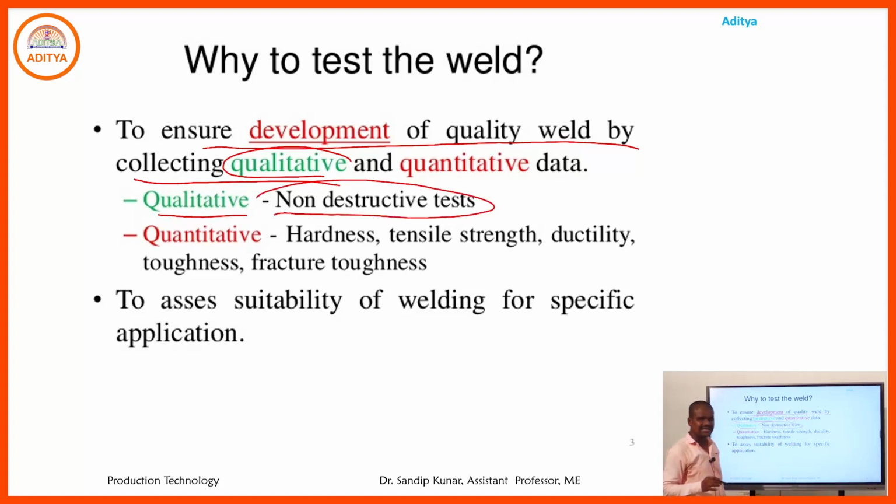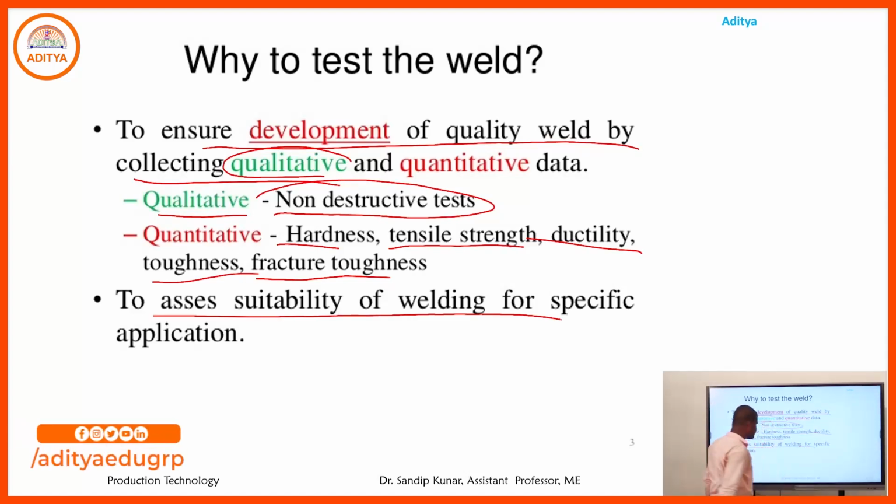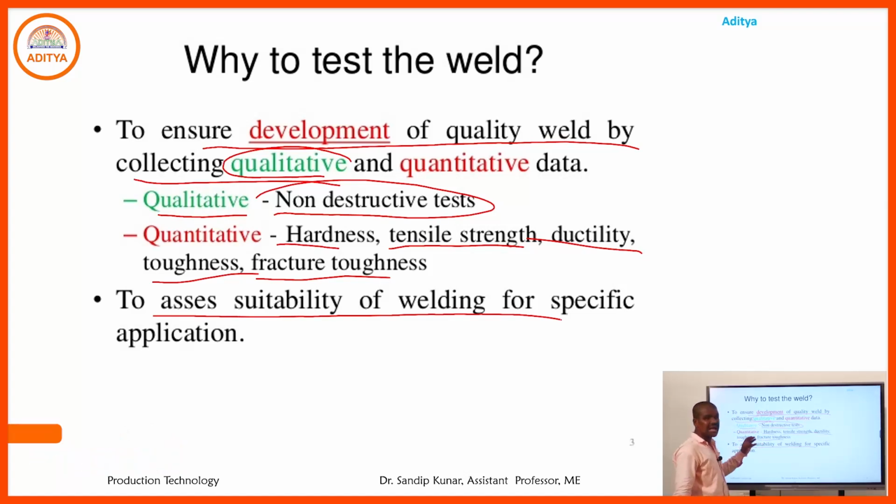And quantitative data decides hardness, tensile strength, ductility, toughness, fracture toughness. So that type of magnitude we have collected from the welding surface, and to assess suitability of the welding for specific applications. So we have collected that qualitative and quantitative data from the welding zone, and after getting that data we have decided whether the weld quality is good or bad.